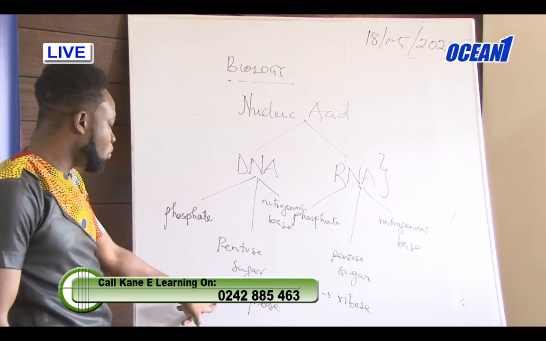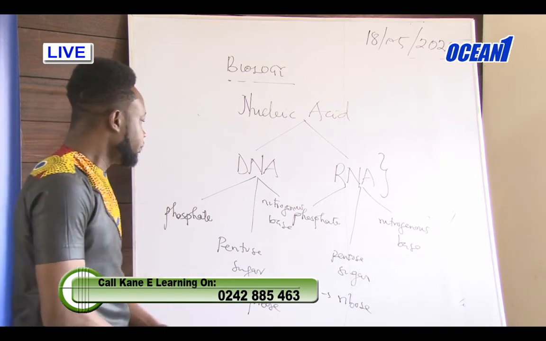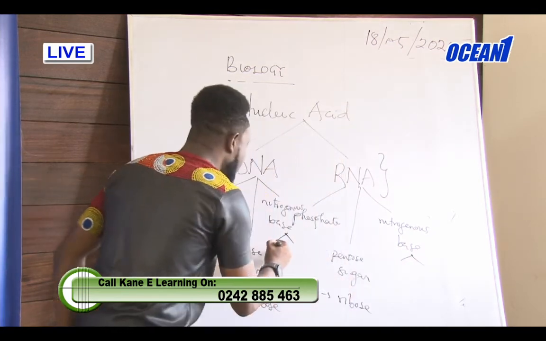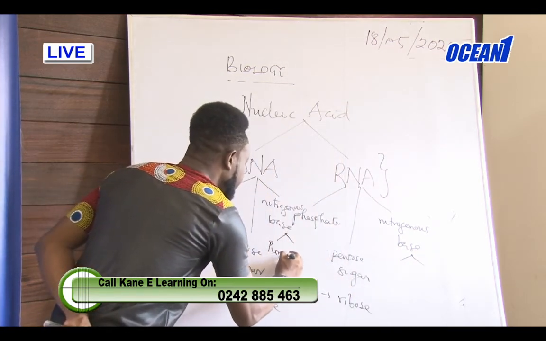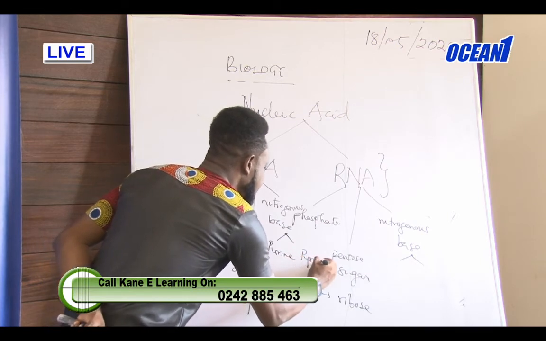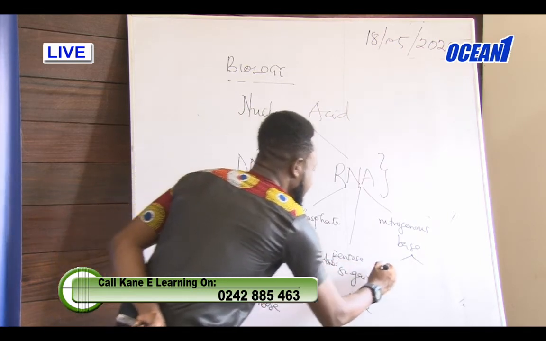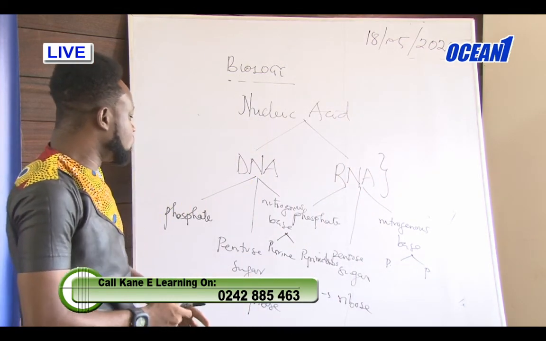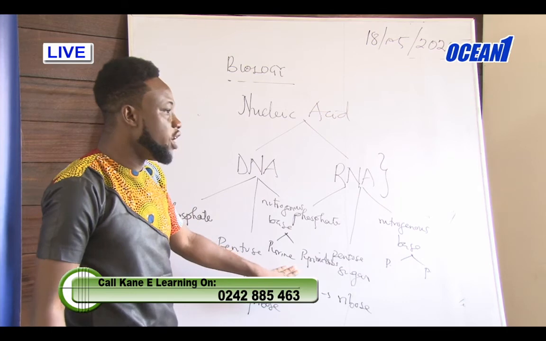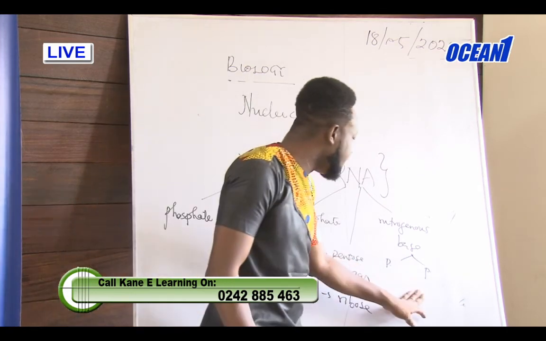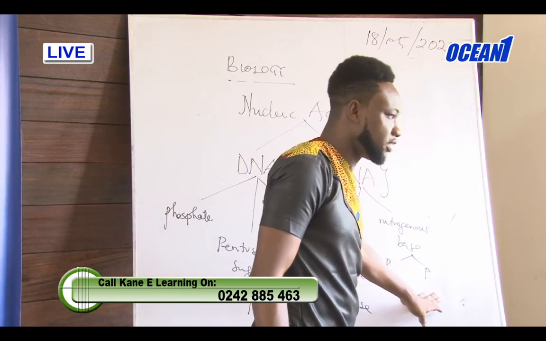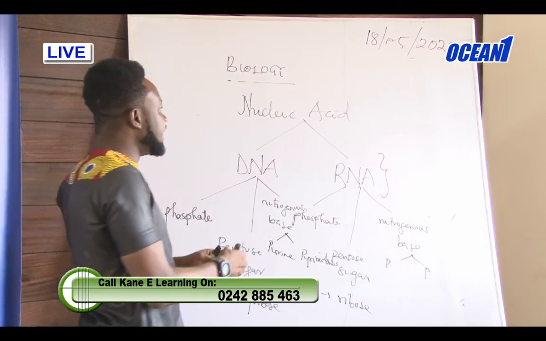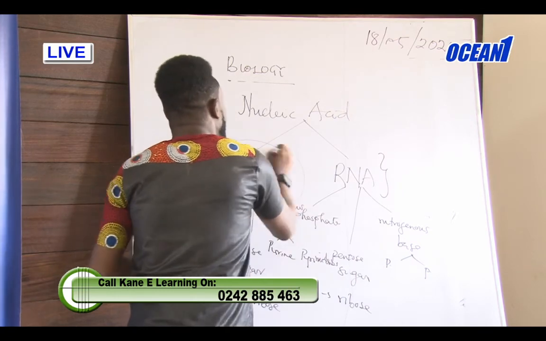Then we said that the nitrogenous bases in each case are grouped into two as purines and pyrimidines. When you come to the DNA, we have thymine. Then when you go to the RNA, we have uracil. So after we did this, we took DNA and we talked about the structure of DNA.